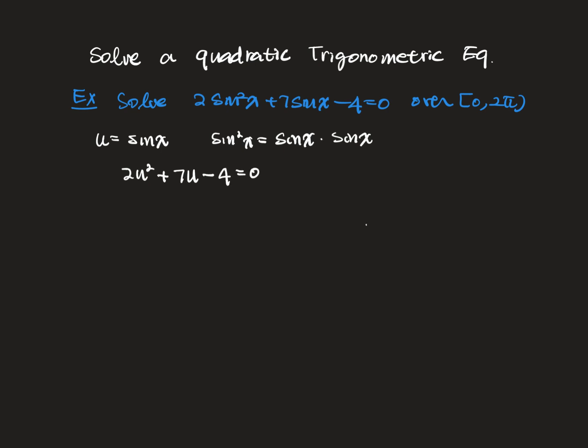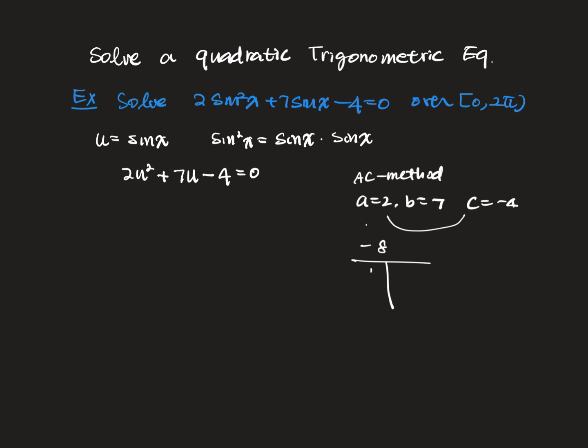This is a quadratic equation. How are we going to solve it? I'm going to review the AC method quickly, guys. A is 2, B is 7, C is negative 4, so AC is negative 8. Think about factors whose sum is 7.